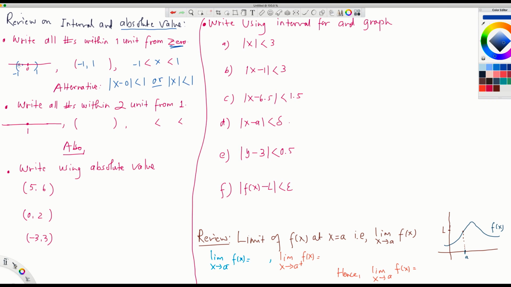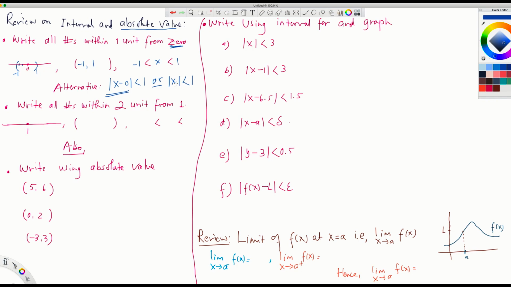If you pick any x value between -1 and +1, the distance between that x and 0 is less than 1. That's what it says. The distance between x and 0 is less than 1. Or in another way, mod x is less than 1.